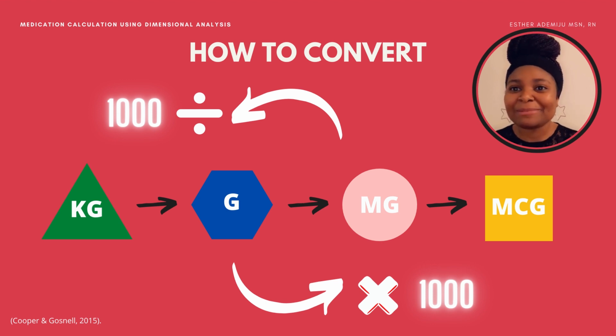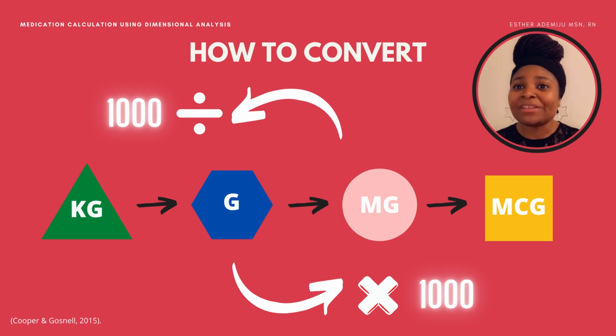So kilogram is the biggest, and we go down the line. I like to think of kilogram as the dad, gram as the mom, milligram as the baby sister, microgram as the baby brother. All right, so if you were going from kilogram to gram, for example, if you had to convert 10 kilograms to grams, you would multiply by 1,000, and that would give you 10,000, going from big to small.